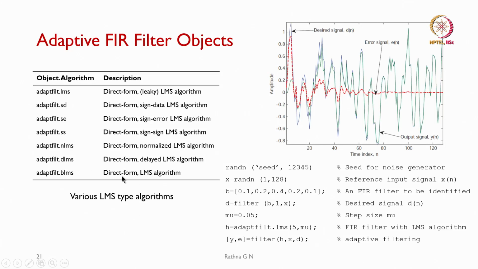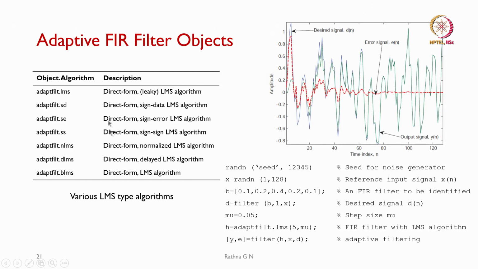These are adaptive FIR filter objects. If you refer to the book, where the reference is given, you will see functions such as adaptfilt.lms that one can use for adaptive filters, such as the direct form leaky LMS algorithm. Different methods have been given.